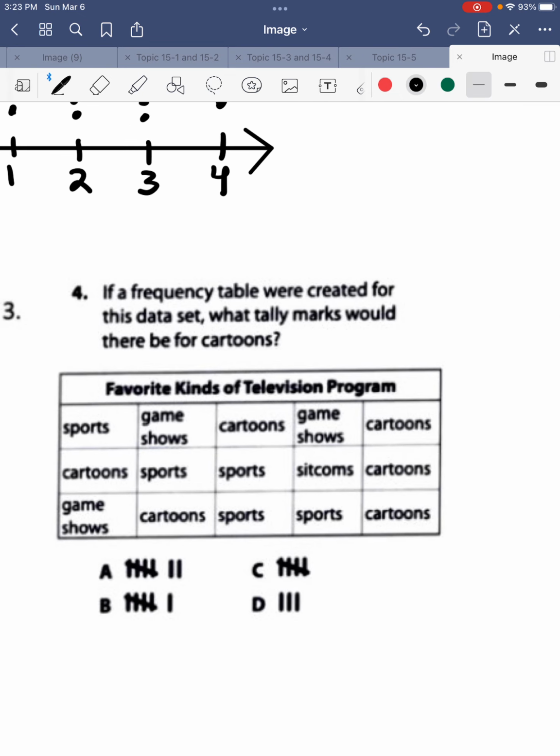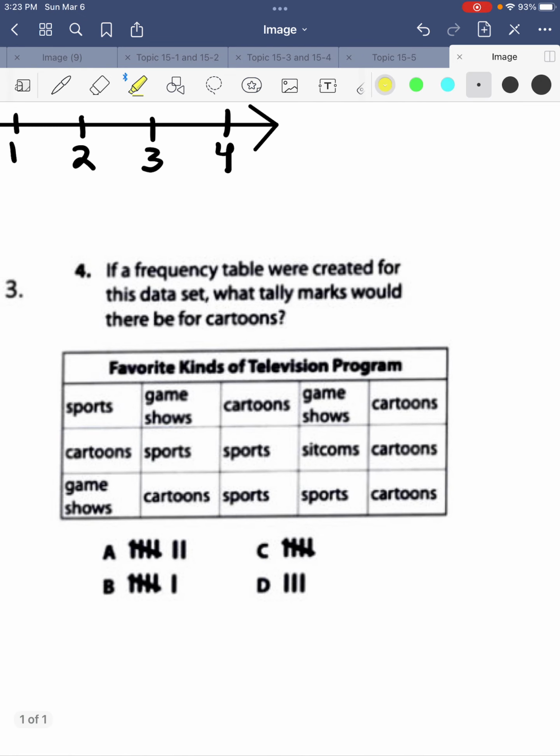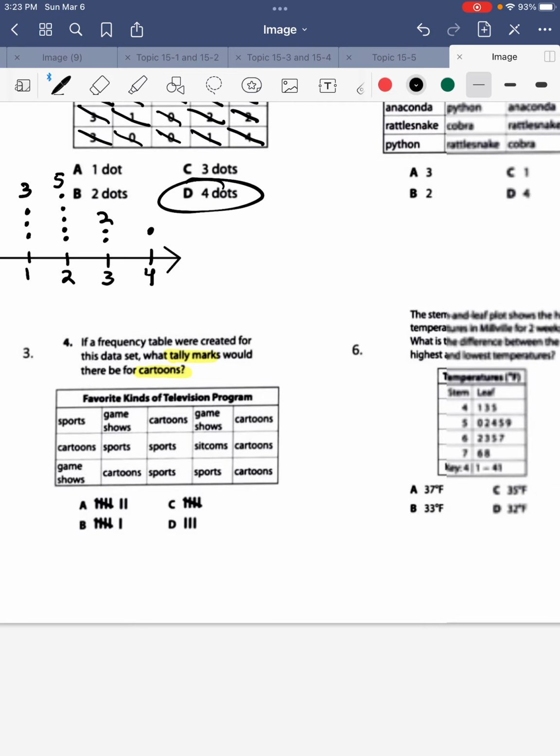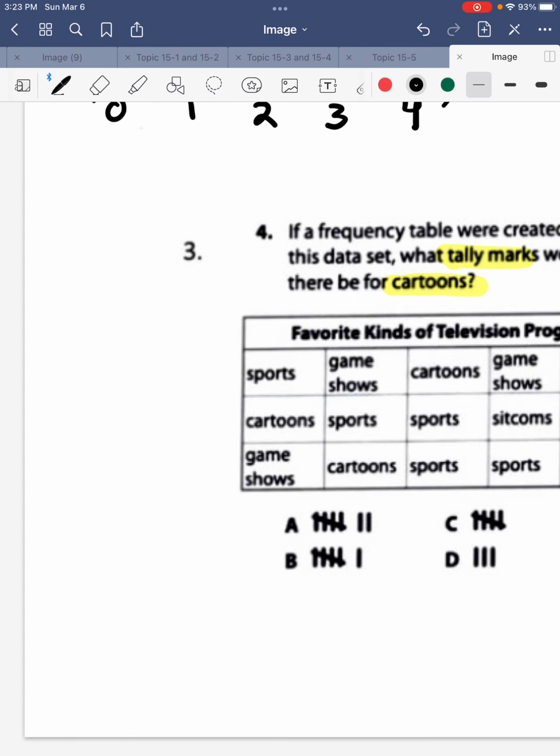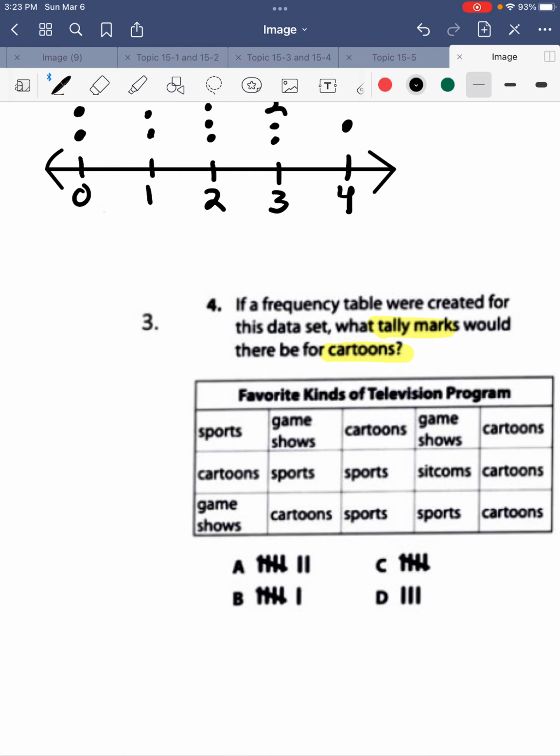Number 3 says, if a frequency table were created for this data set, what tally marks would there be for cartoons? So I'm going to make a frequency table.